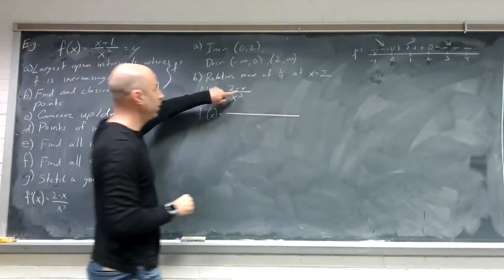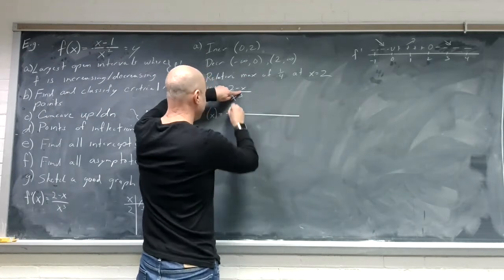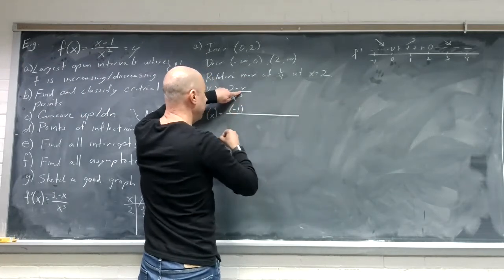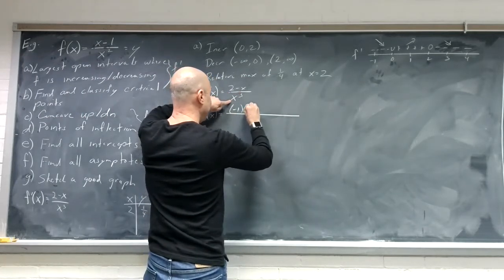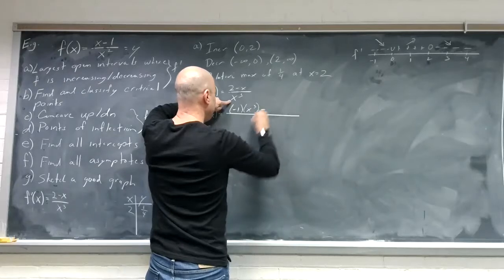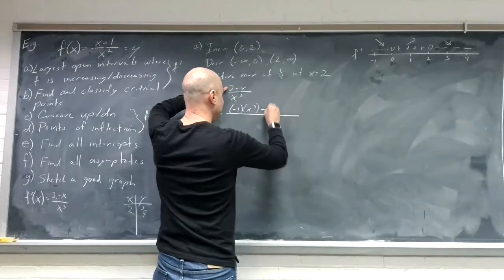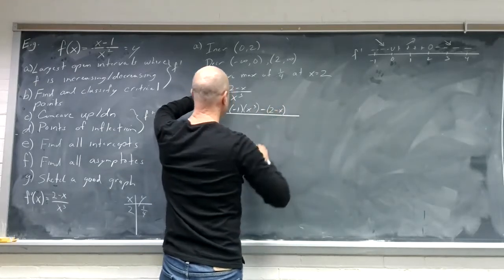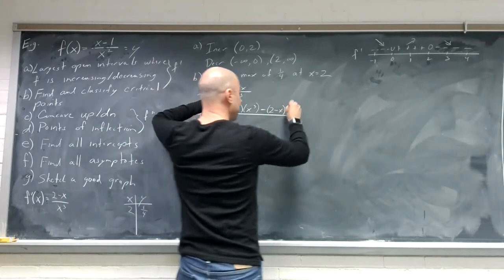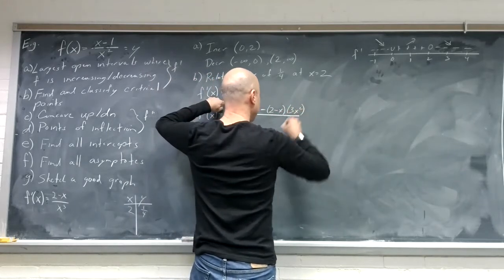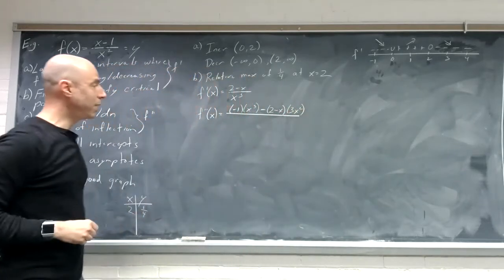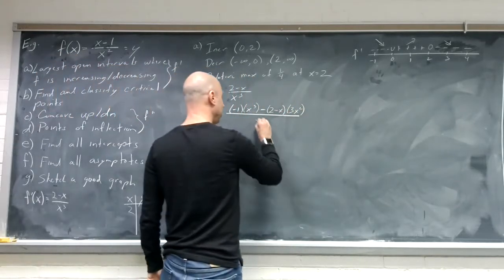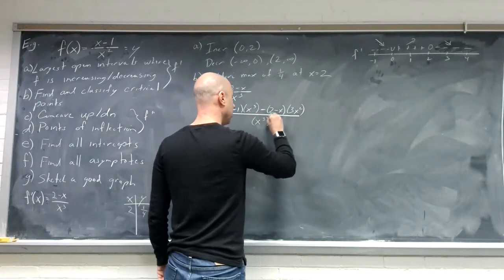Derivative of the top, derivative of 2 minus x is going to be negative 1. Write the bottom exactly as it is, x cubed, minus the top exactly as it is, 2 minus x, times the derivative of the bottom, 3x squared, all over the bottom squared, so x cubed all squared.